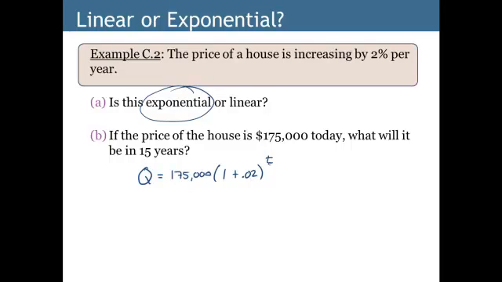This is 2% per year, so t is in years. So we'll plug in 1.02 to the 15th power, and if you do that, you get $235,527. And so I can model that with exponential growth.